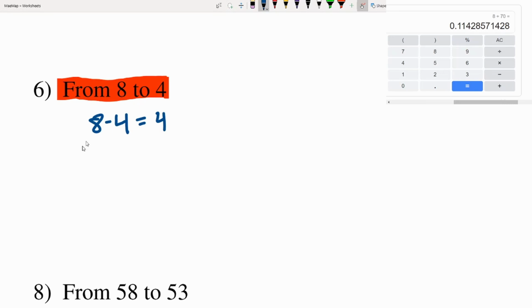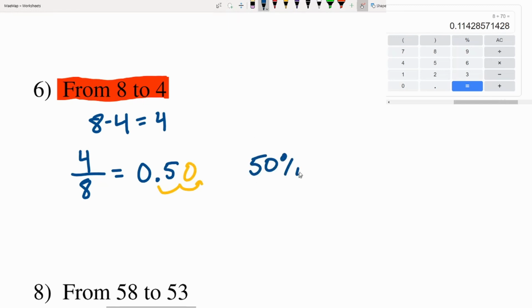So the change is 4. And for that change over our original starting number is going to be 4/8, which in decimal form is 0.5. Moving that over twice, I'll get a 50% decrease for number 6.